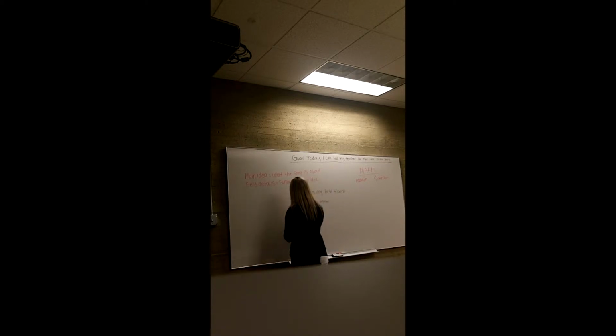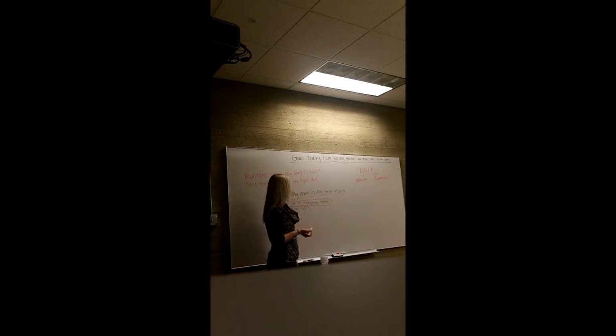And I love her. So, the main idea of this is my mom is my best friend. And these are key details supporting why my mom is my best friend. My mom's my best friend because we do everything together and I love her. Does that make sense?